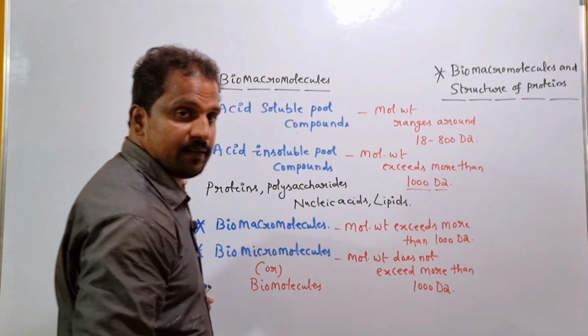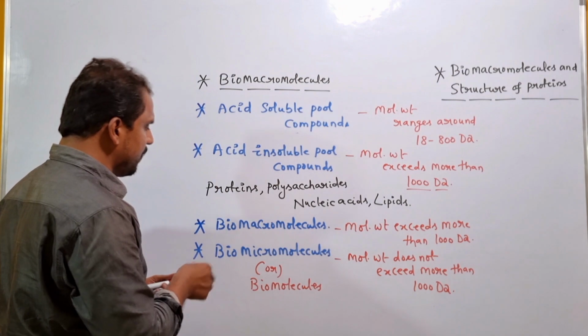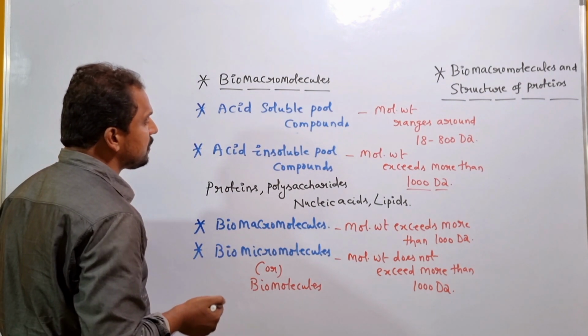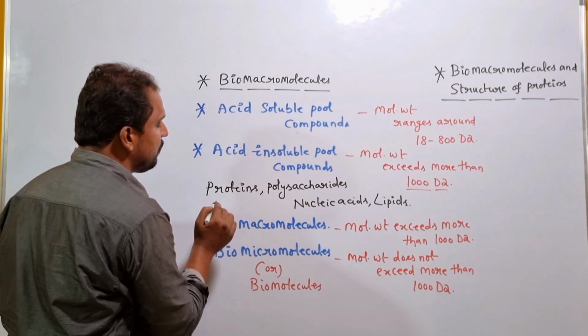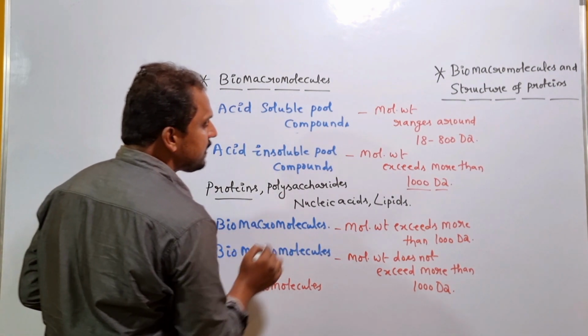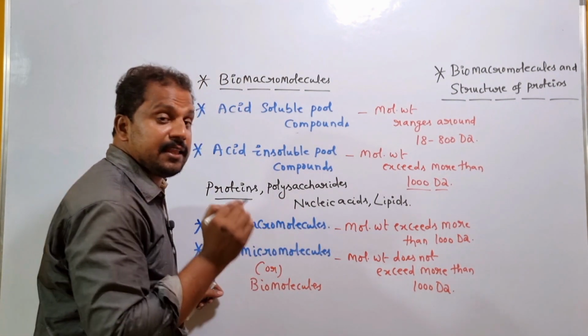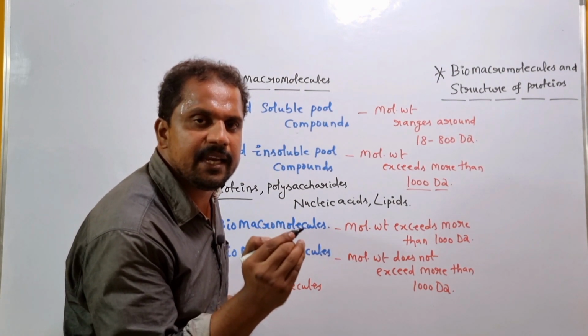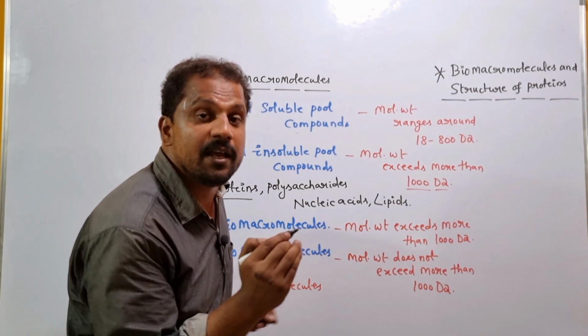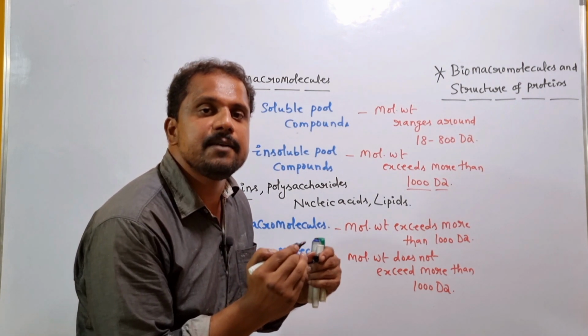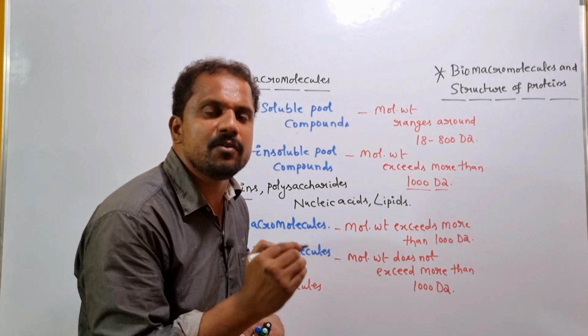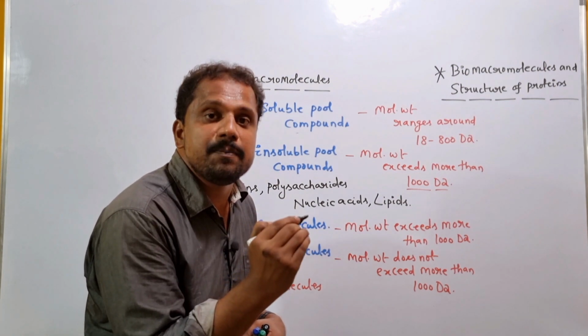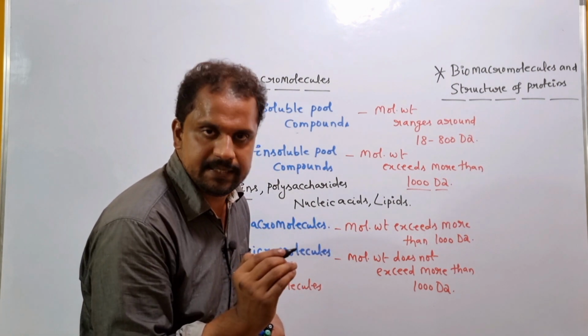Is it clear? So here we need to understand one key point. All the various compounds which are placed under the acid insoluble pool like proteins, polysaccharides and nucleic acids, their molecular weight exceeds more than 1000 Daltons. But if we consider the specific lipid molecule, its molecular weight does not exceed more than 1000 Daltons, but even though the lipid molecule is placed under the acid insoluble pool. Is it clear?